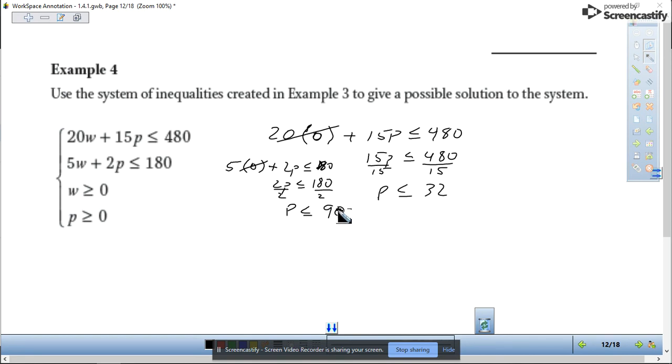Okay? So, what does that mean? In 480 minutes, the company can make no more than 32 plastic rulers if 0 wooden rulers are produced. In 180 minutes, the company can paint no more than 90 plastic rulers if there are no wooden rulers to paint. All right? So, does that kind of give you an idea of what we're doing here? We're using what we know to figure this out. So, if 0 wooden are made, 32 plastic rulers can be made.